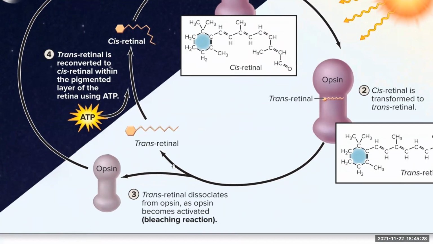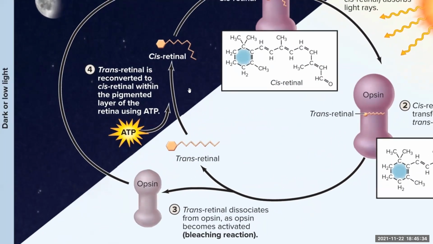It wanders out of the disc, and it travels into the pigmented layer of your retina. So this molecule pops right off the protein and travels into the pigmented layer of the retina. And it's there that we need ATP to bend that molecule back into the cis retinal configuration.